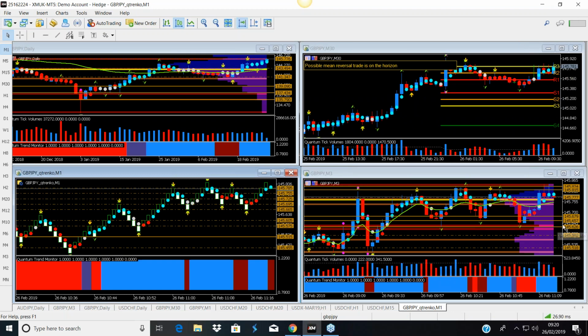But as you know, if pound yen is one of the pairs that you like to trade, or you want to try and take a trade on, you have to understand not just the price action, not just the volume profile, but also how that is sitting within the support and resistance. What is the support and resistance narrative?